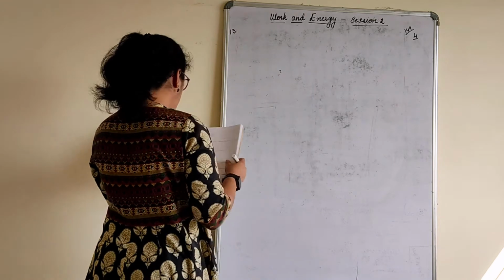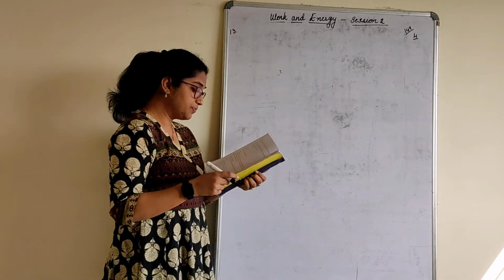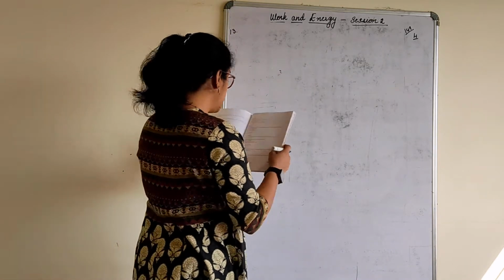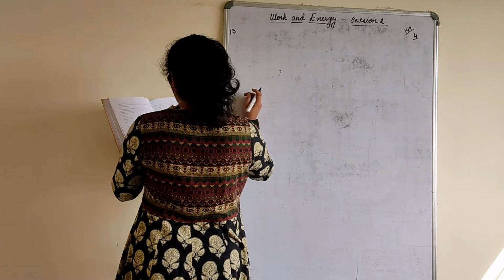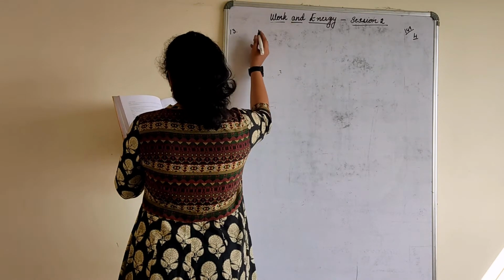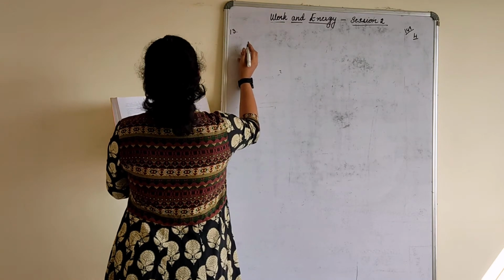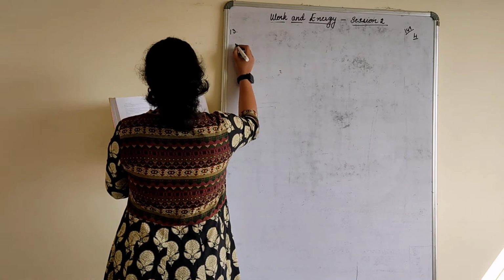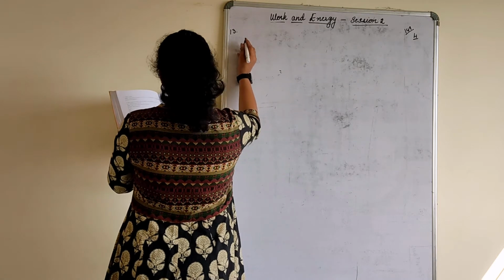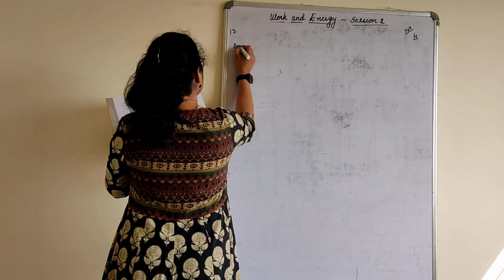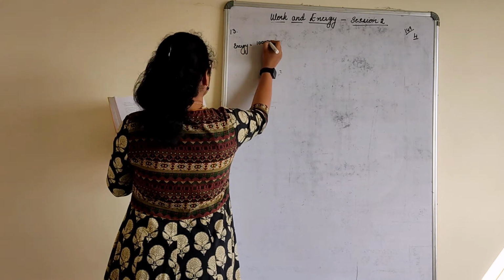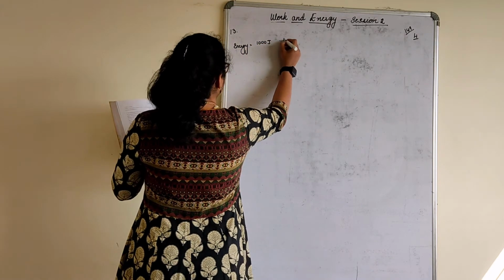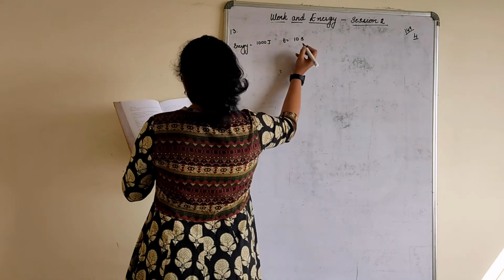Page number 156, right? A lamp consumes 1000 joules of electrical energy in 10 seconds. What is the power? So what they have given here is energy consumed, 1000, and time, 10 seconds.